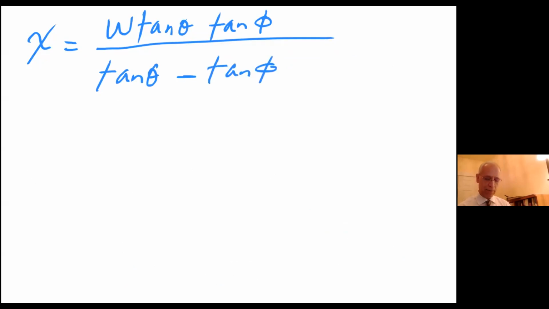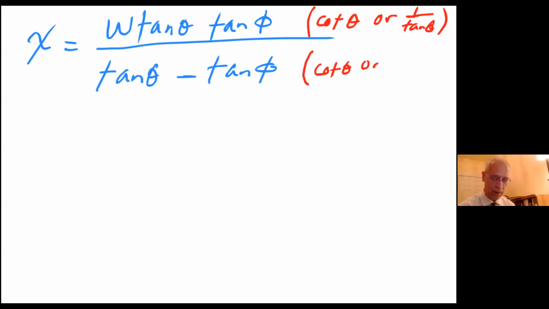And now let's multiply top and bottom of this again by cotangent of theta, which is the same as 1 over tangent of theta.